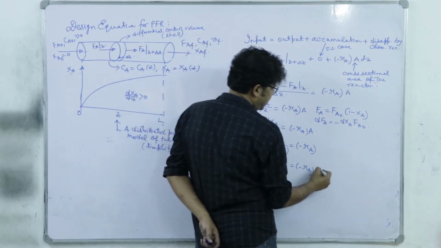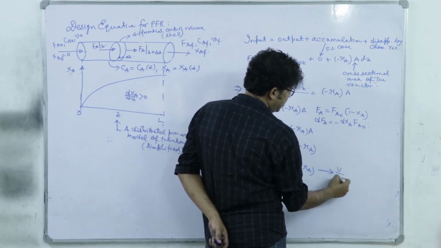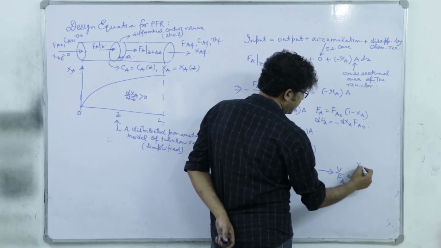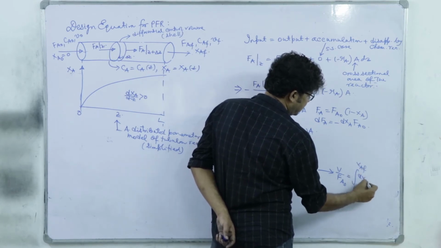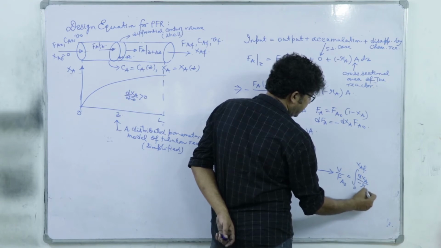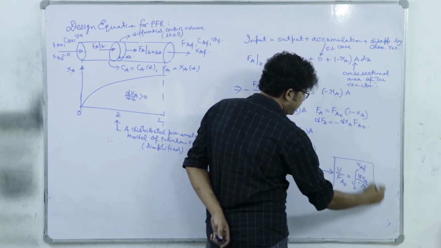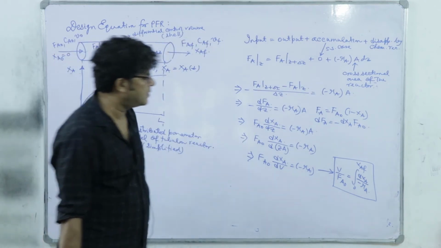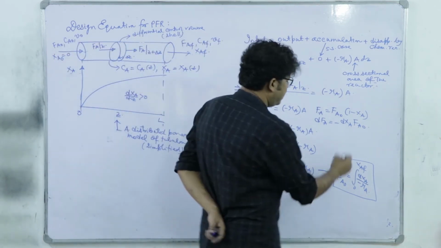If we integrate, we get V by Fa naught equal to the integral from 0 to XAF of dXa by minus Ra.